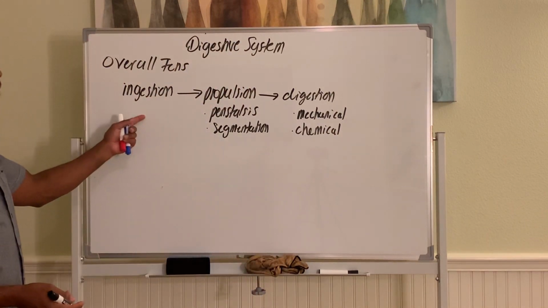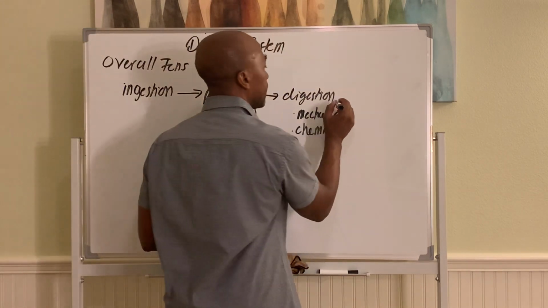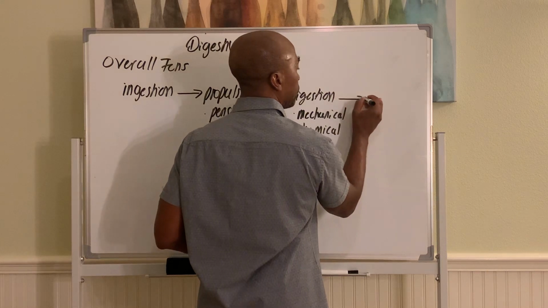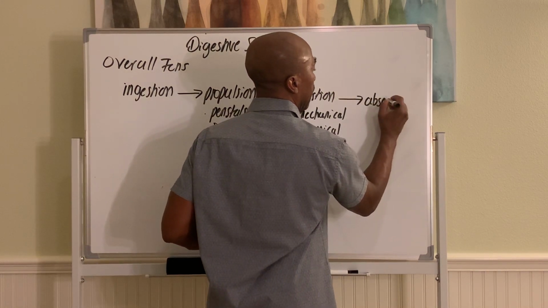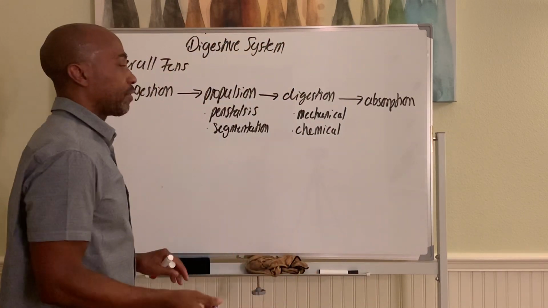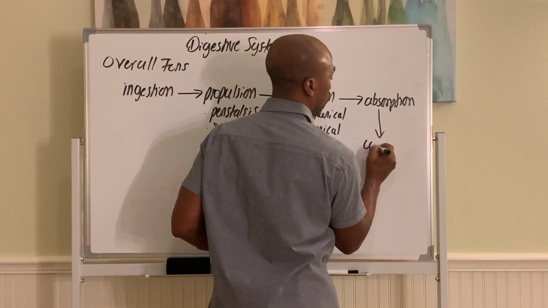So you bring it in, move it, digest it, and then after you're done breaking it down physically and chemically, you then have absorption. You absorb the nutrients into your blood. Then after absorption, you compact what's left behind.